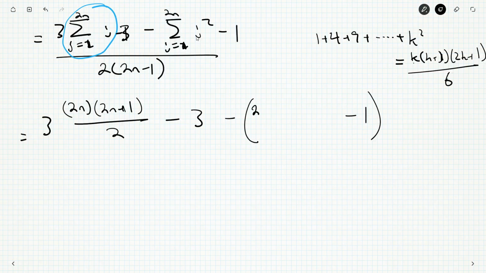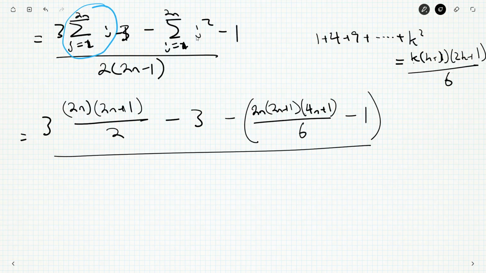So now I can get 2n times (2n plus 1) times (2 times 2n plus 1), so that's (4n plus 1), all over 6. Okay, so this should be my formula in n. Now let's clean it up a little bit.